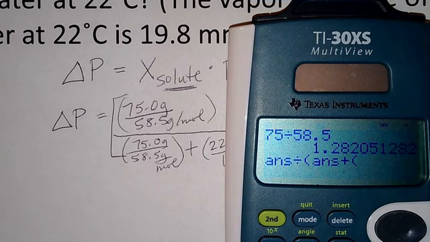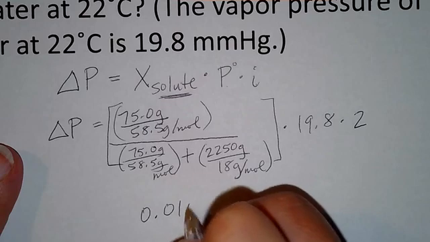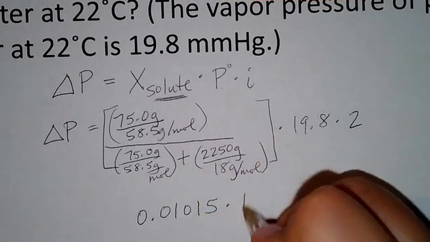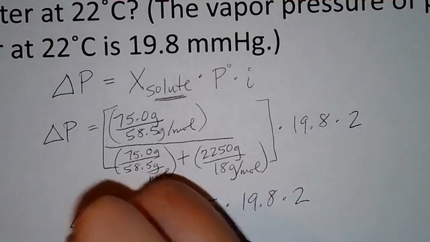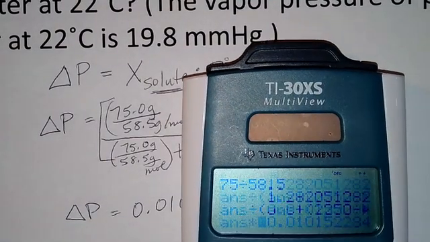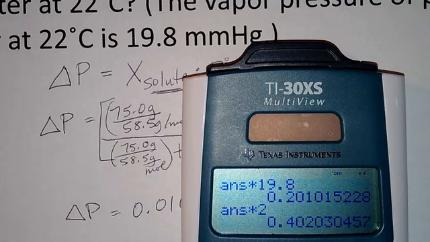Alright, 0.01015 is our mole fraction, times our 19.8 times 2. So 0.4. So our change in vapor pressure is 0.4, and this would be millimeters of mercury.